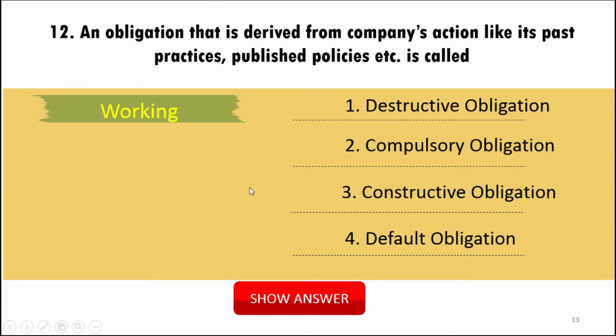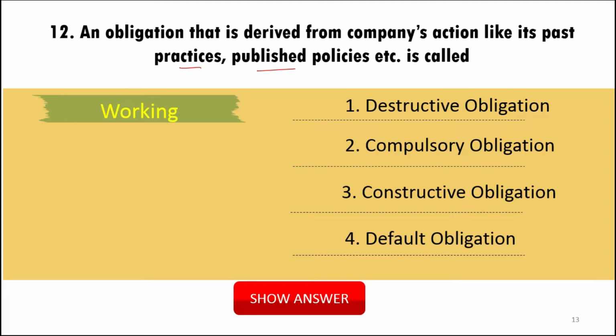Next question. An obligation that is derived from company's action, like its past practices, its published policies, etc., is called. Sometimes it happens that a company was behaving in a certain way. So because of its behavior, because of its practices, because of its policies, some obligations are derived.